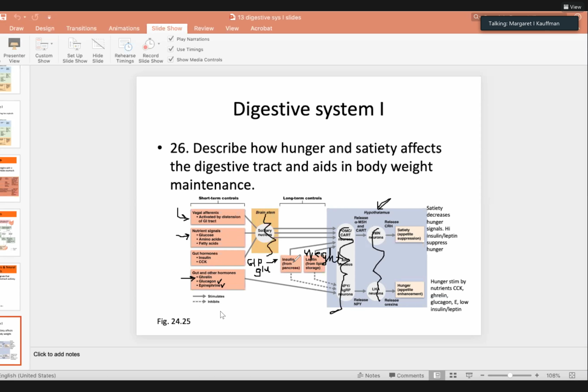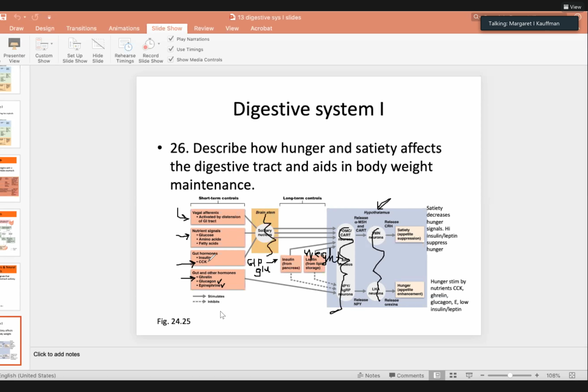Okay, so for some reason unknown to me entirely, they mention insulin again here as a gut hormone. That's the same as this, that's just redundant. And then there is another hormone that is released to stimulate a sense of satiety, CCK, and it's released, as you'll learn more about next time, when you have fat and protein in your diet.